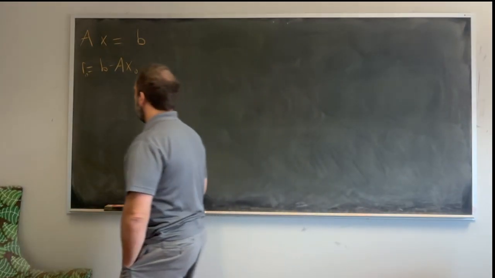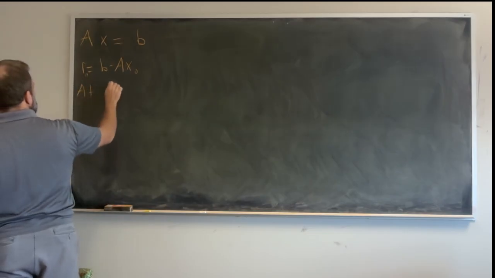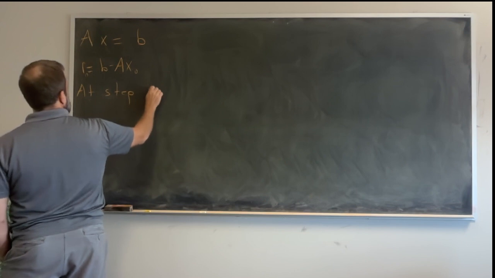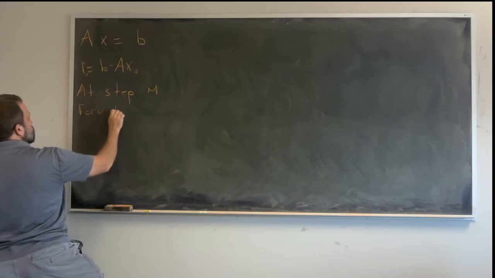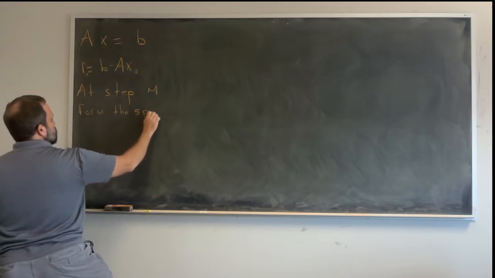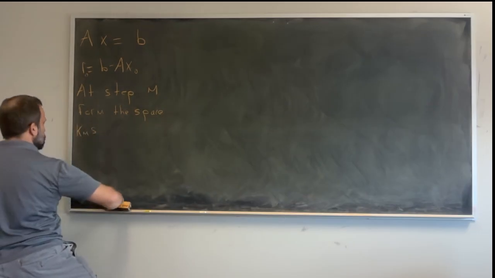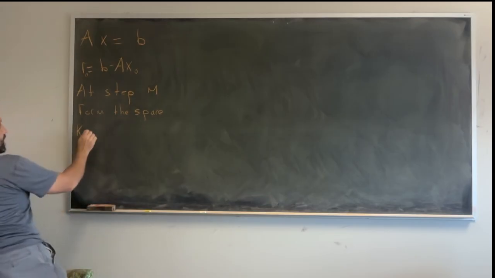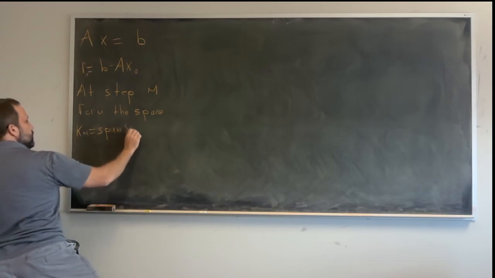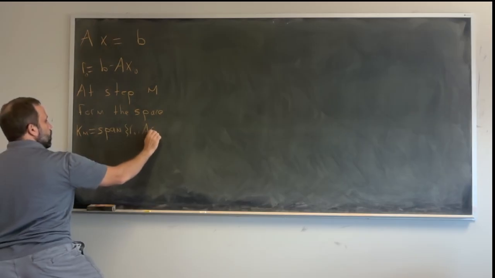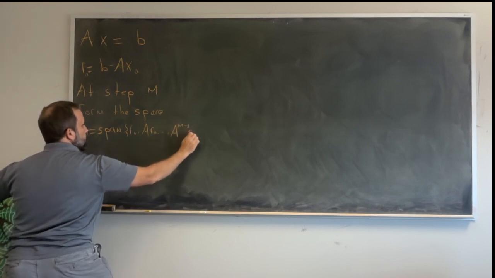Okay, so what we're going to do at step m, we are going to form the space Km, which is going to be the span of the vectors r0, Ar0, all the way up to A to the power of m minus 1, r0.